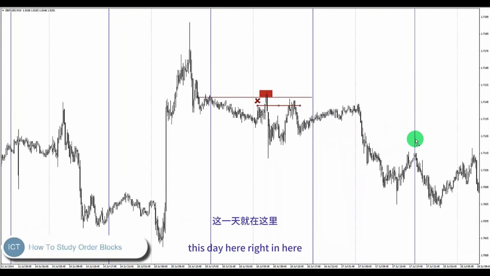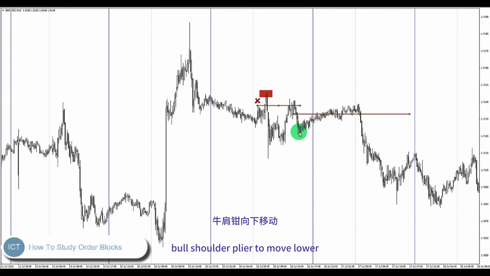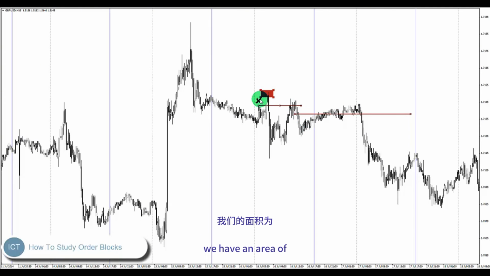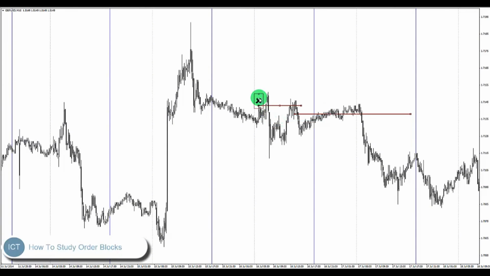This day here, right in here, we have an order block right there, a bullish order block prior to the move lower. We have an area of clean highs. You see that? See how clean that is?